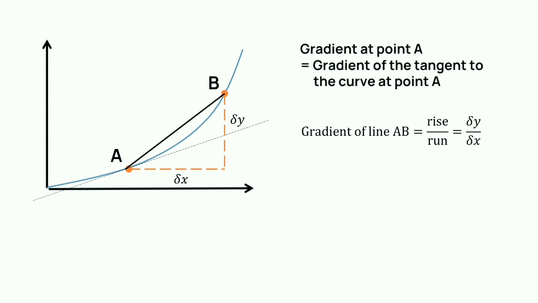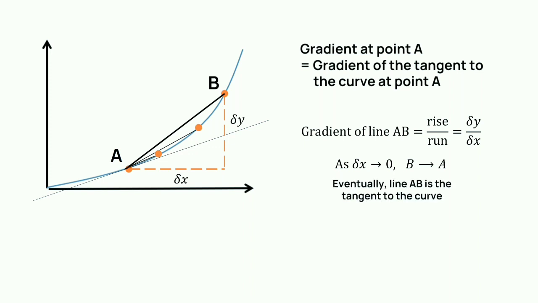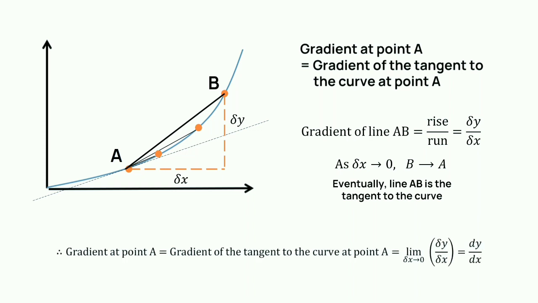Aha! This is where limits come along. As delta x approaches 0, point B gets closer and closer to point A, until eventually line AB becomes the tangent to the curve at point A. So, we can conclude that the gradient of the tangent to the curve at point A is the limit of delta y over delta x as delta x approaches 0.